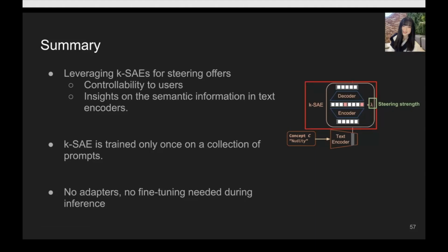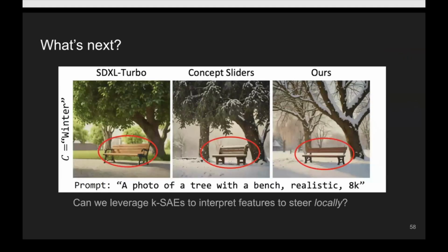And as I mentioned, we trained it only once and were able to use it across different models, because they all use the same text encoder. That's a dependency, though. SDXL Turbo, for example, has two text encoders. So as long as the text encoder is the same, you can use it.